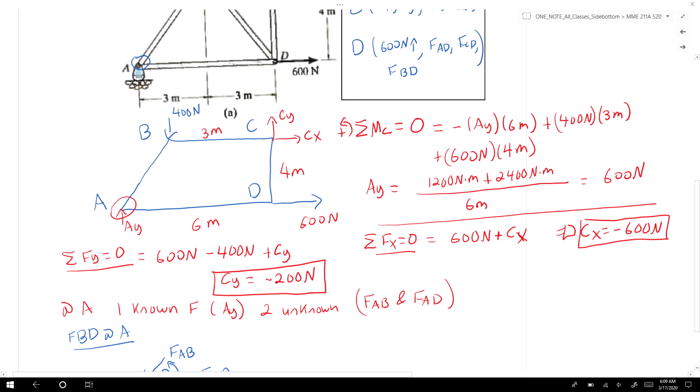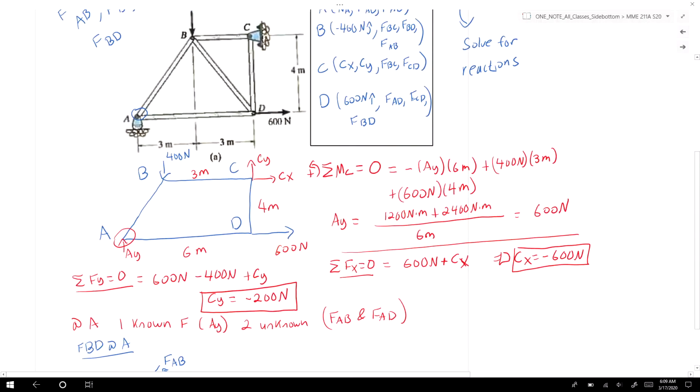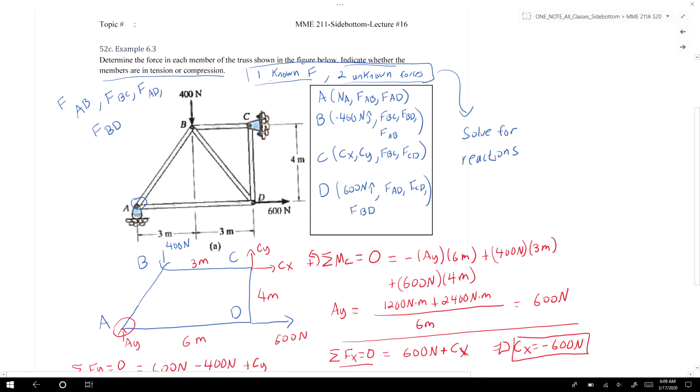So if we look at our original diagram, we see that we have a 5 meter length because we have a 3, 4, 5 triangle here.